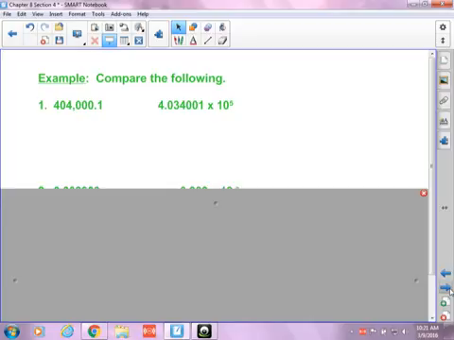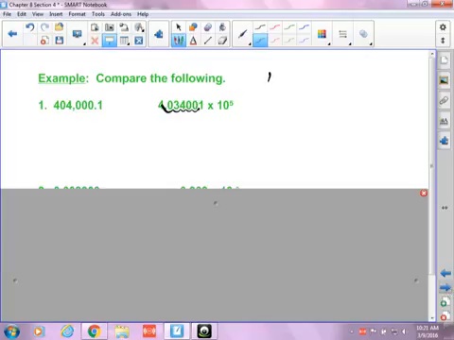So what you want to do is make sure that they're on equal playing fields to be able to compare them. So I'm going to leave the first number alone and I'm going to change the second number. The second number is to the 5th, so I'm going to move that decimal 5 spots to the right because it's getting bigger. 1, 2, 3, 4, 5, and I'm going to put the decimal there.